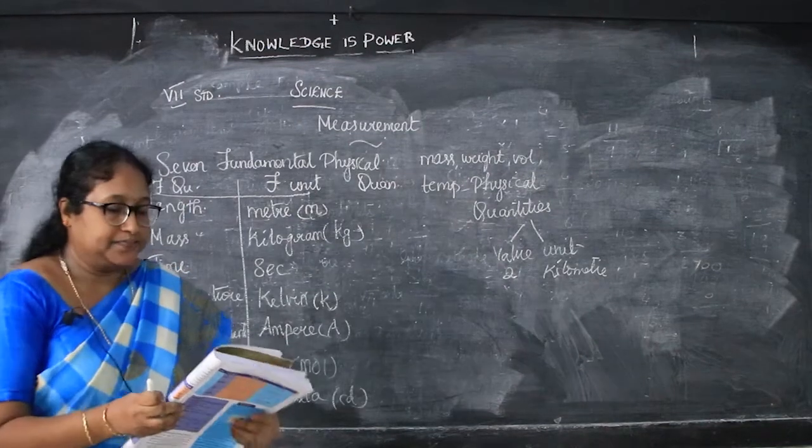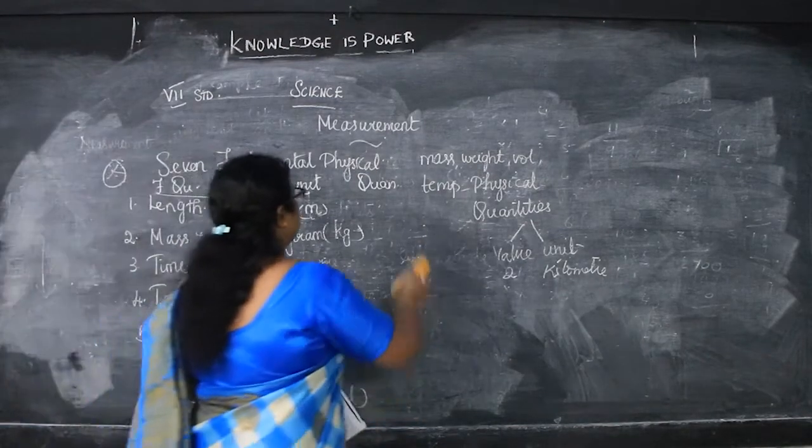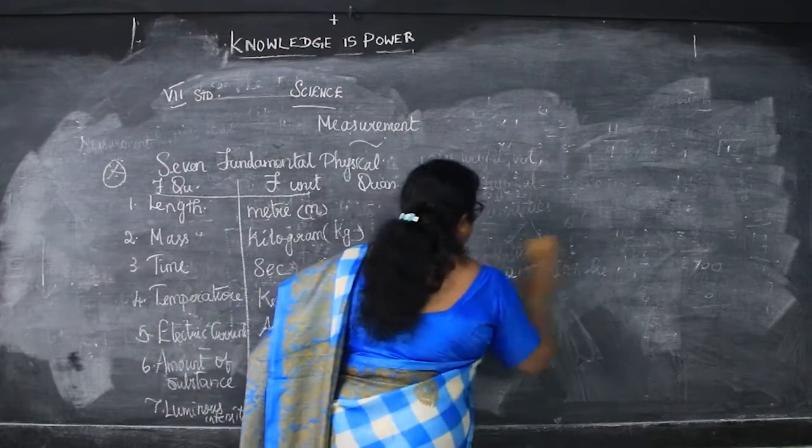The next is derived quantities. So fundamental quantities we saw. Next we are going to go to the derived quantities.